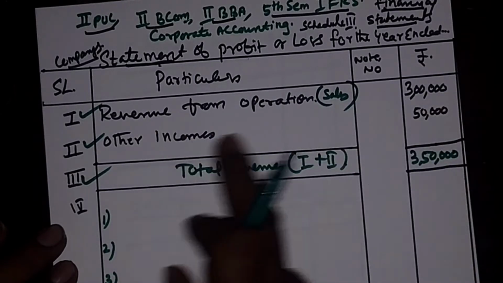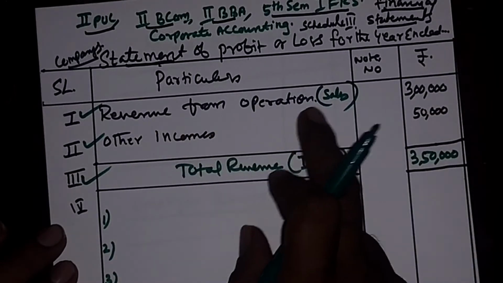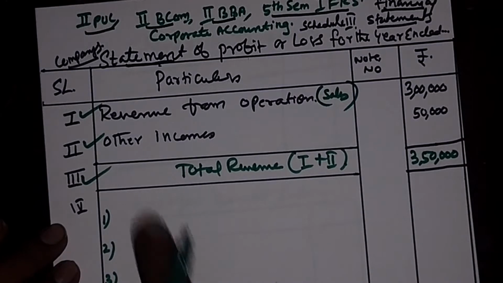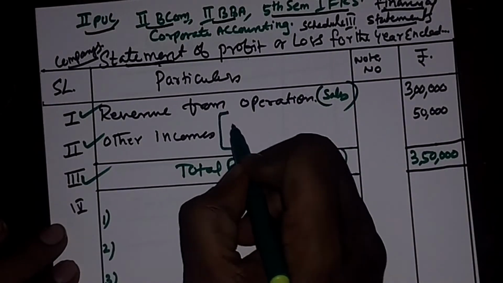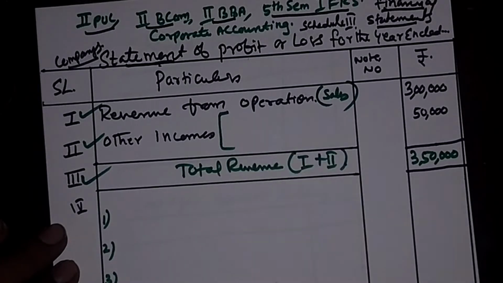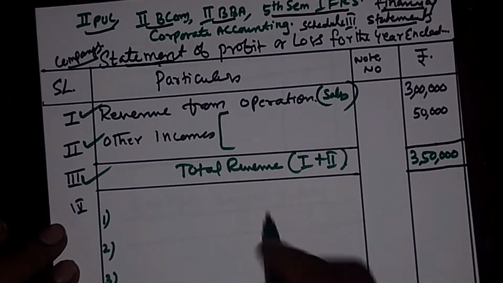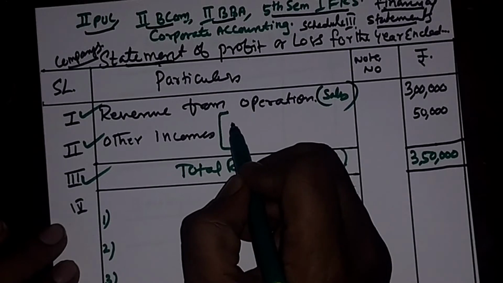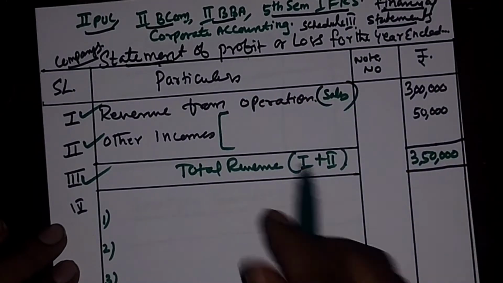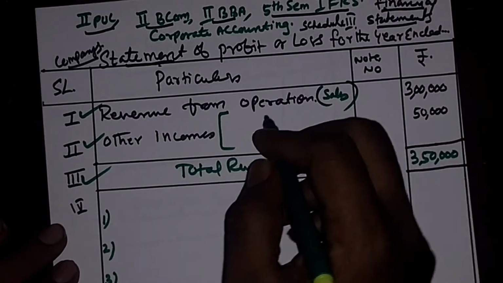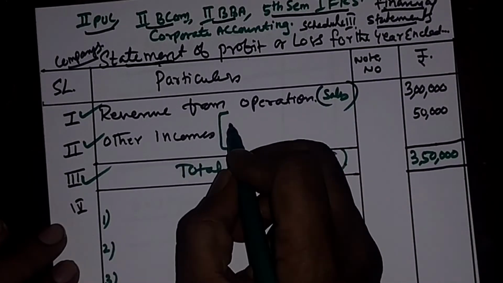Revenue from operation, other incomes. What is this revenue from operation? Sales. What is this other incomes? This other income is, for example, profit on sale of asset. For understanding purpose, I will write it here, but actually these entries will not appear here. Since this is the explanation, I will write it here. What are these other incomes?